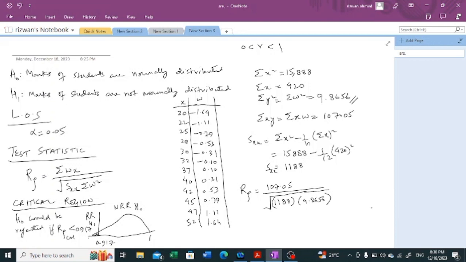Now dividing these two factors, we get our answer as 0.9888.